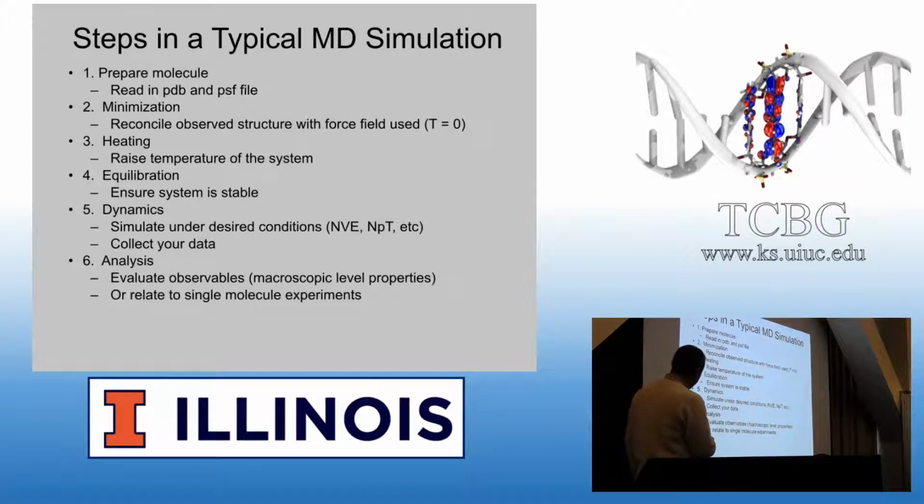So usually we do some minimization, cool it down, bring it to a very close, thermally inactive form, and then you start heating it up to the temperature that you want to simulate. Sometimes you have issues here, then you have to go back, do more minimization, or more slowly ramp up the temperature.